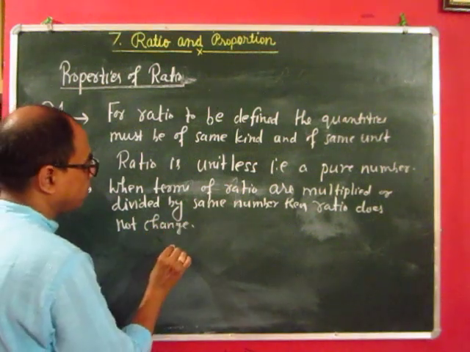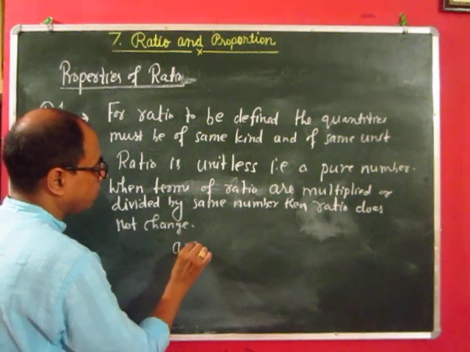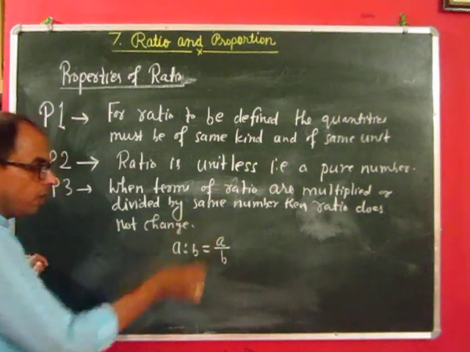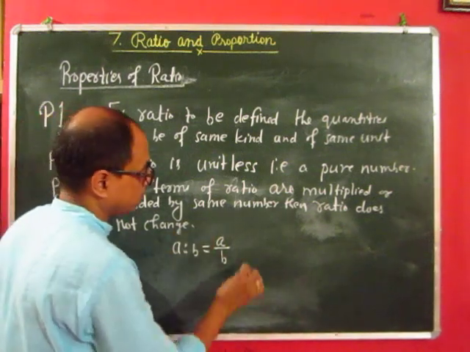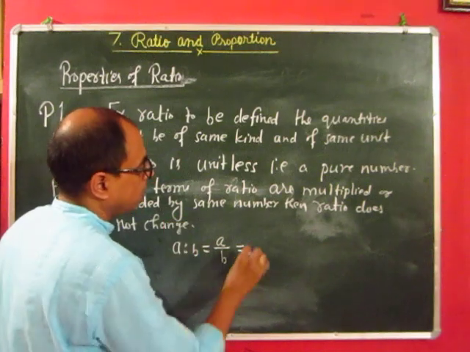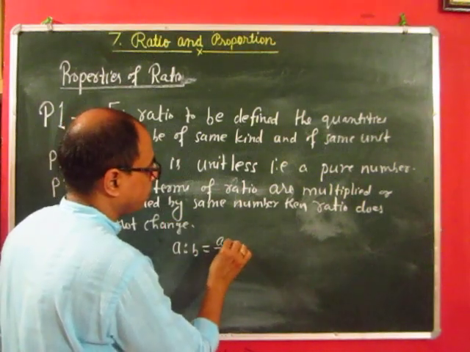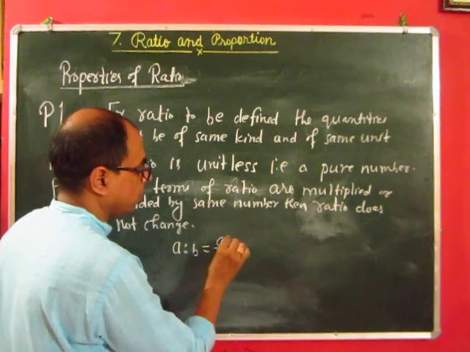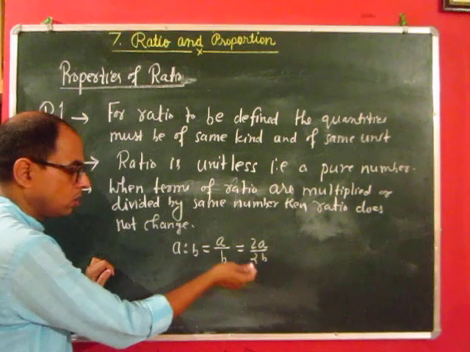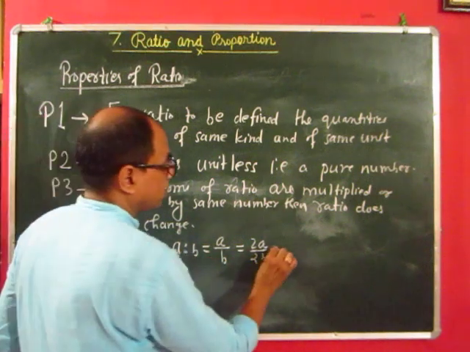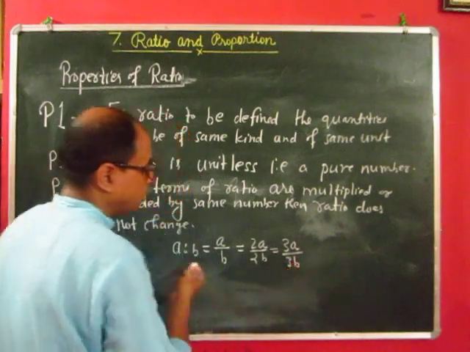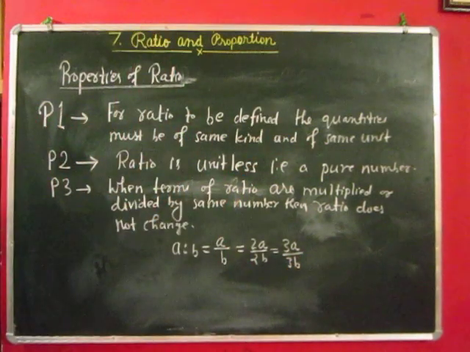For example, suppose a ratio A is to B is given, so it is equal to A by B. Now if each term is multiplied by the same number, suppose we multiply both terms by 2, we get 2A by 2B. So these two ratios are the same. Now if multiplied by 3, we get 3A by 3B. So all these ratios are the same.